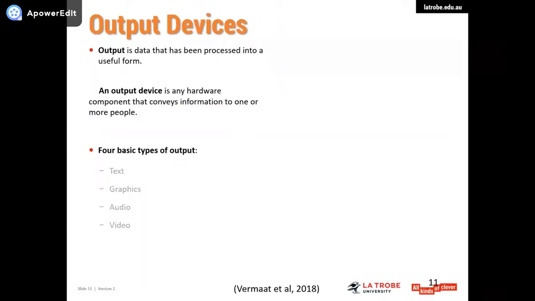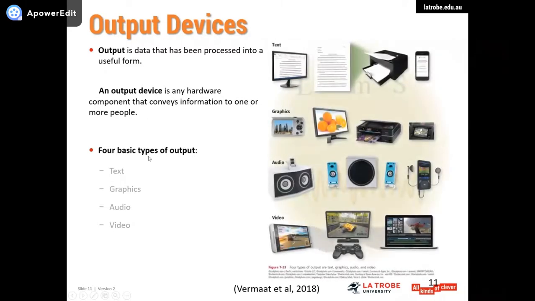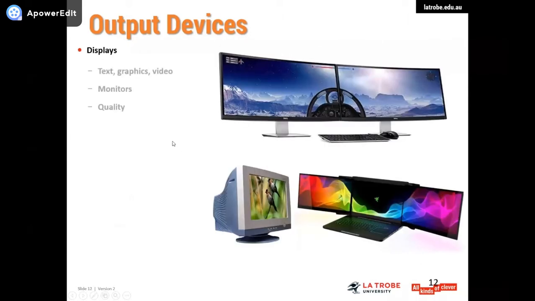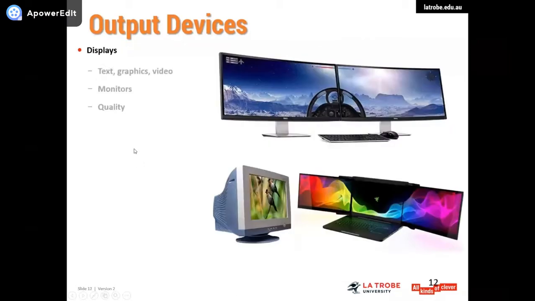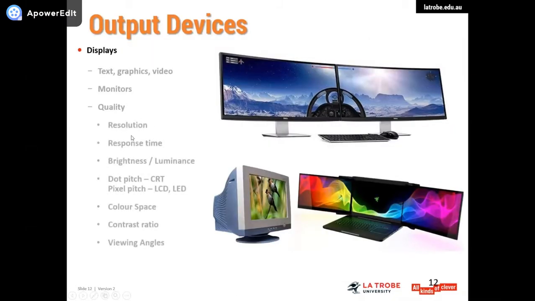For the output, you should understand the definition of output and what the typical output devices are. We have 4 different types of output, and corresponding to these 4 types, what are the output devices? First is the display, and how can we evaluate the quality of the display, like resolution, response time, brightness.